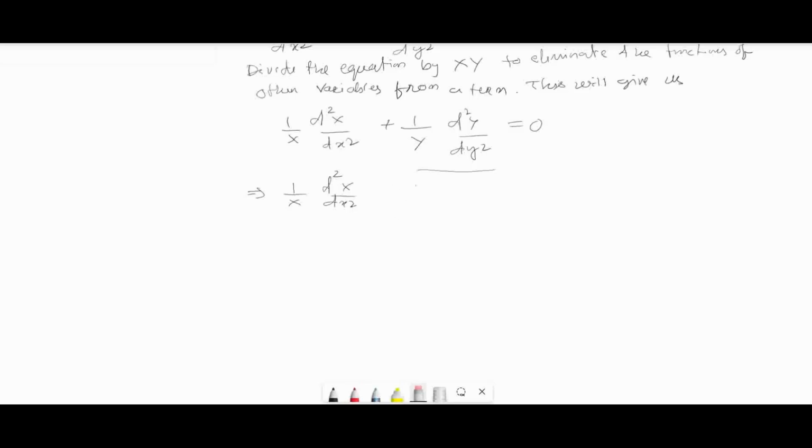So this is equal to minus of 1 by Y d square Y by dy square, which is equal to minus lambda square. Let us take this as minus lambda square, where minus lambda square is the separation constant.